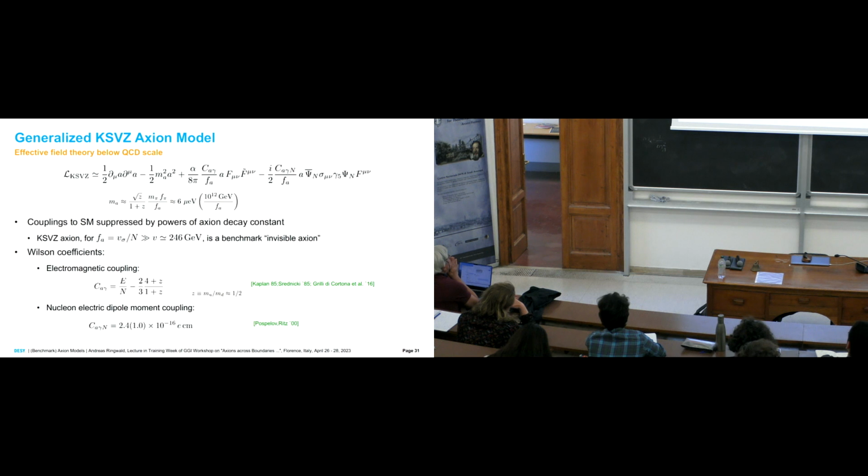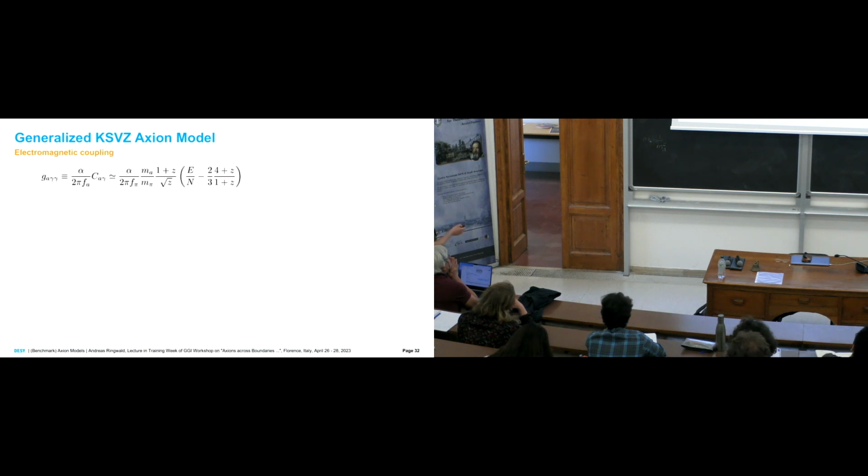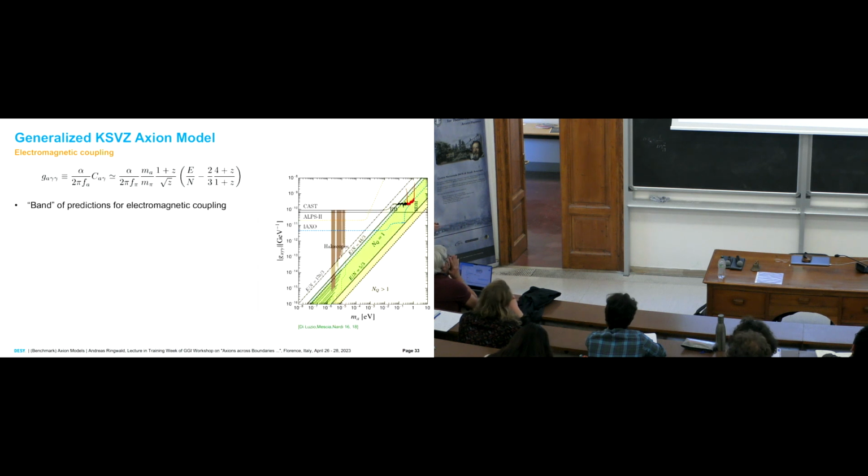This whole thing, alpha over 2 pi Fa, is 1 over 4 times G a gamma. So you see this G a gamma is this factor, and if you plot G a gamma versus m a for n equal to 1, it's just one line, and now you can determine a band, you get a band of predictions for the electromagnetic coupling.